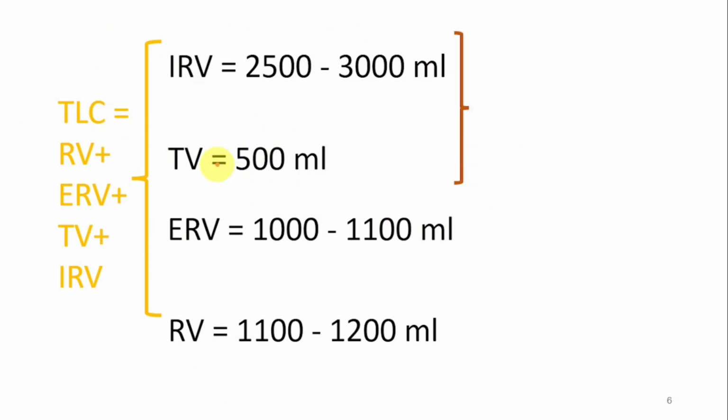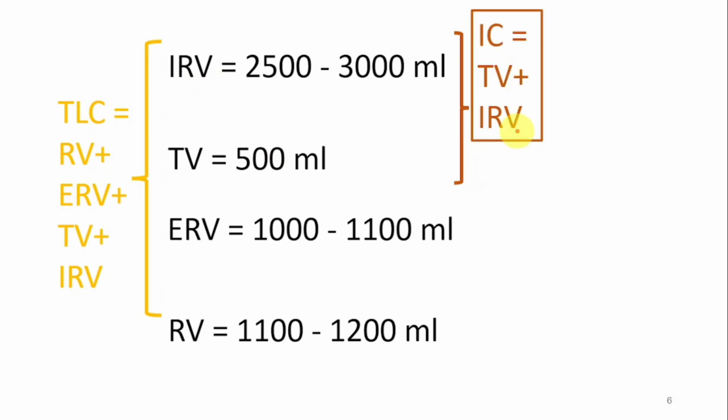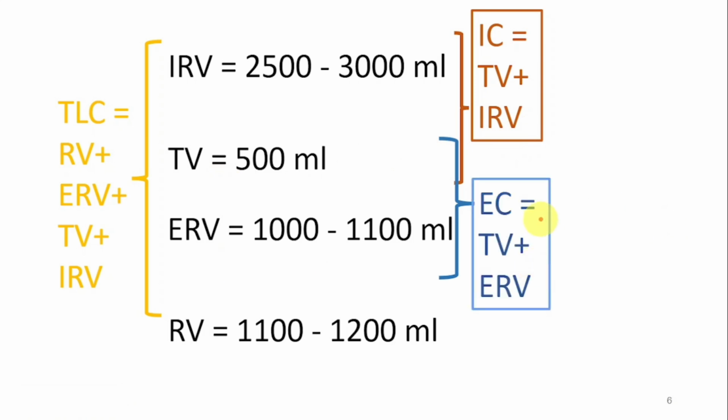What is this, TV plus IRV? This is inspiratory capacity. And the definition is total volume of air one can inspire after normal expiration. TV plus IRV. And TV plus ERV will be EC, expiratory capacity.